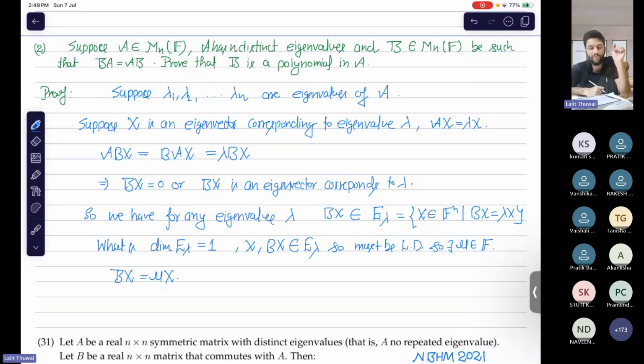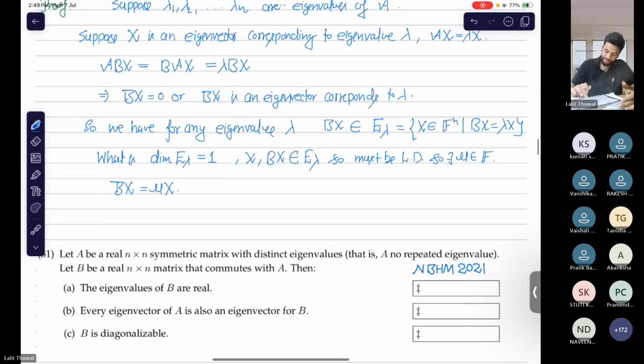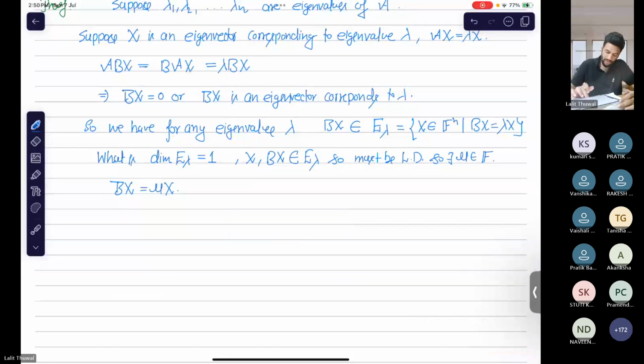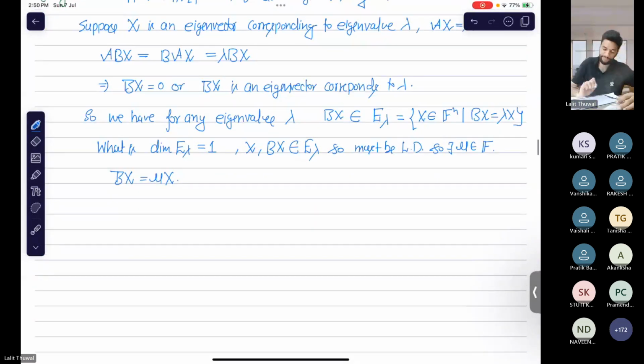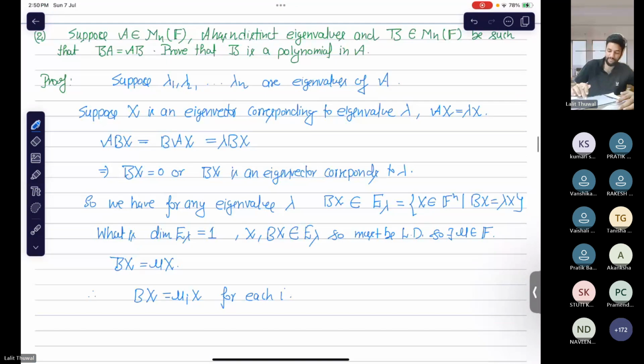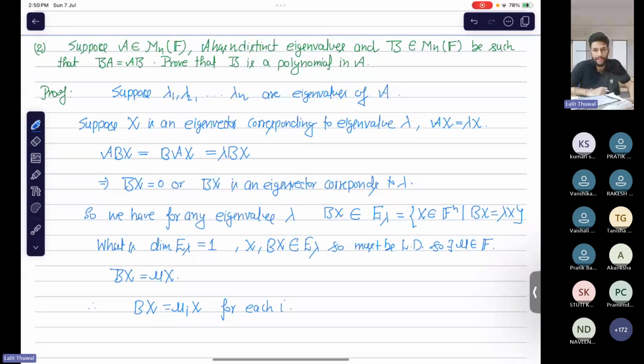This is for any eigenvalue. So what I have proved is that for any eigenvalue, Bx is equal to mu x, right? So we have Bx_i equal to mu_i x_i for each i. So far it is clear, right? If you have eigenvalue lambda 1, then you will get a mu 1.